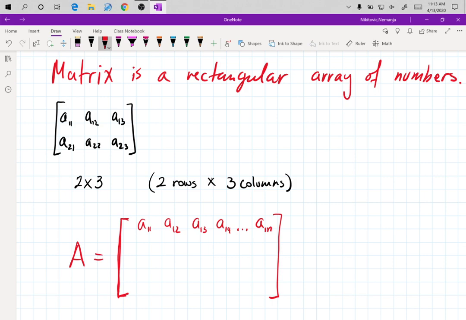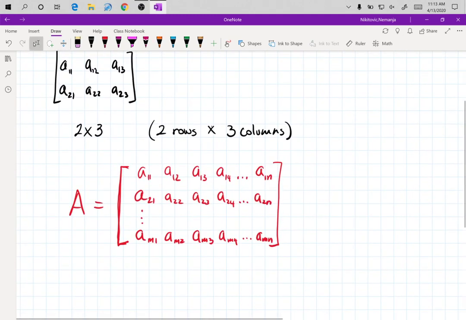Now, we're going to the next row, A21, A22, A23, A24, ... A2n, going down to Am1, Am2, Am3, Am4, ... Amn. So this matrix is m by n.